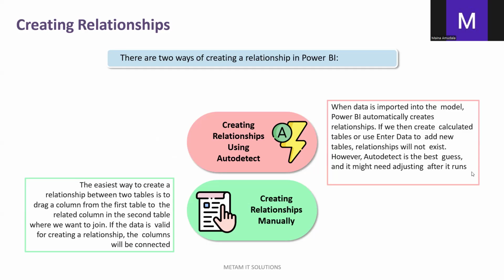When data is imported into the model, like when you import different types of data sources into Power BI Desktop and create the model, Power BI automatically creates the relationships. For example, if I am including different data sources like customer, sales, and marketing, then when I import all these data sources into the model, Power BI automatically creates the relationship between those tables.